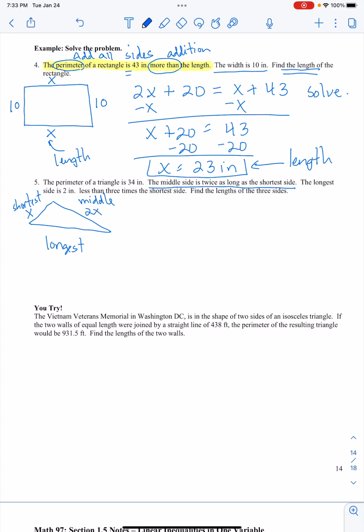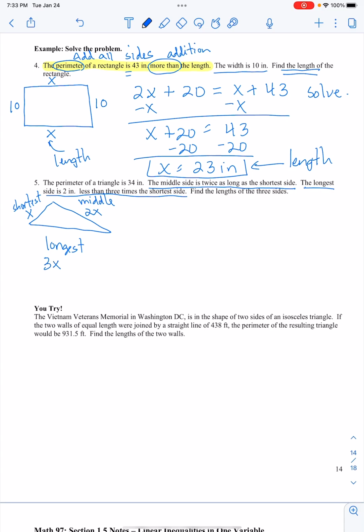Then we find another comparison statement. So the longest side is 2 inches less than 3 times the shortest side. So the shortest side is still identified as x. 2 inches less than 3 times that side means 3 times x minus 2. 2 inches less than means to subtract 2.